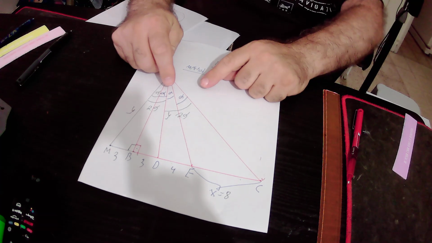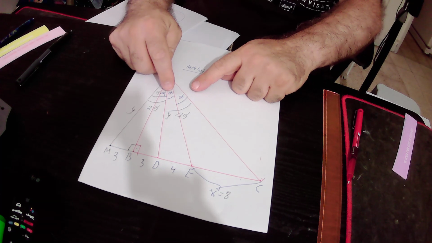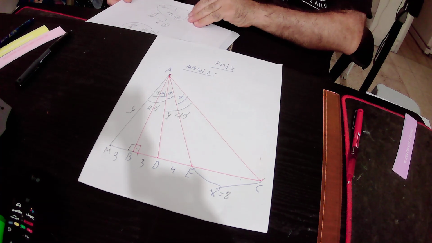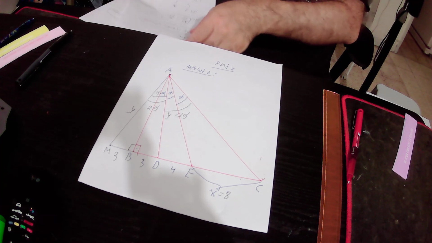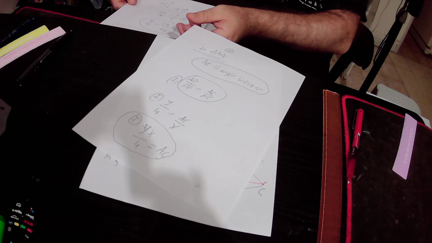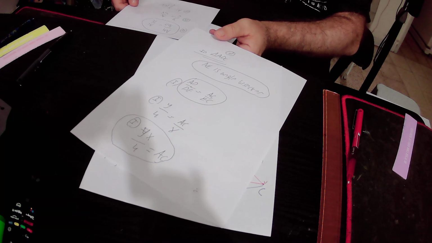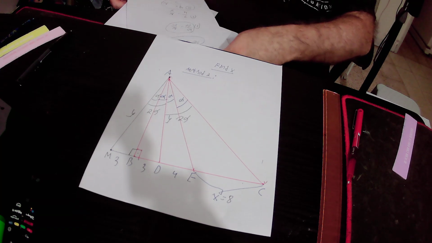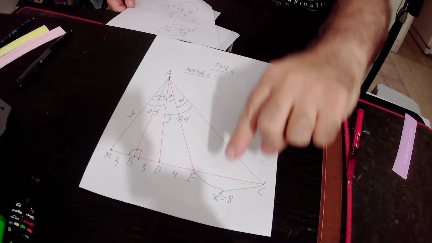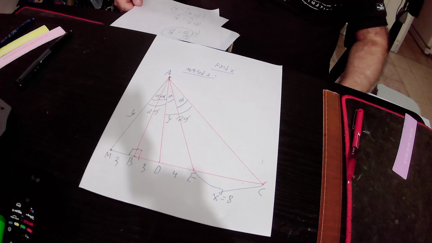Therefore, the following relationship exists between its sides: AD over DE equals AC over EC.